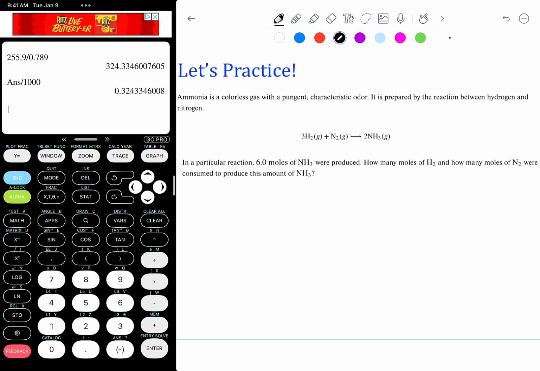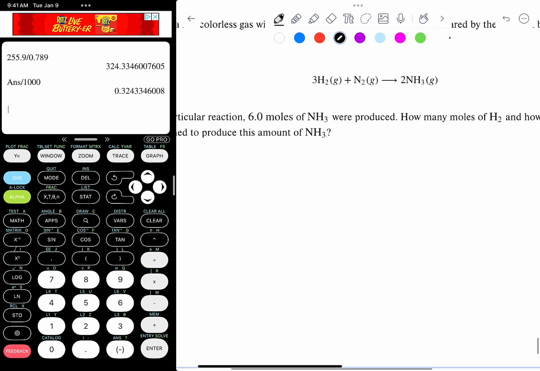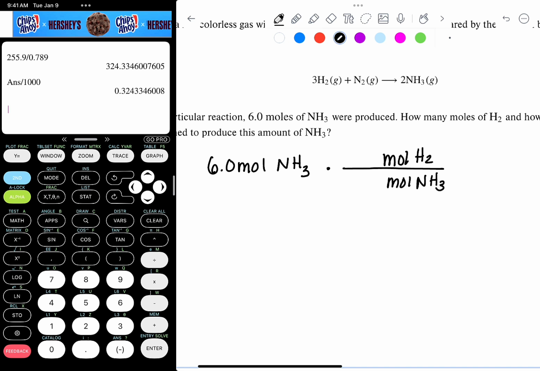Okay, so we have to do this conversion twice. So we're going to start with 6.0 moles of NH3, and let's convert to H2 first. So we want to put moles of NH3 on the bottom and moles of H2 on the top. So we look at our coefficients.